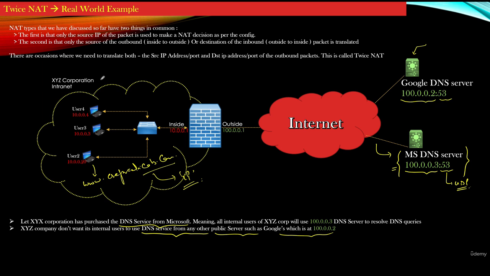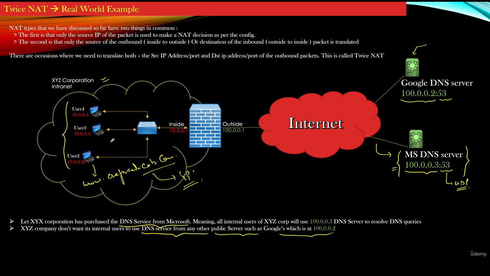But XYZ Corporation wants its internal employees to always use the DNS service of Microsoft Corporation and not that which belongs to Google. So how do we enforce this rule on all the users of XYZ Corporation?